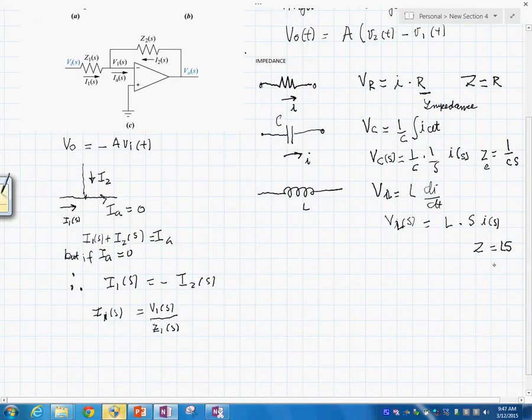So now that we have established that this is like this, then it follows that I sub 1 is minus I sub 2, which would be minus V sub 0 of S over Z2.